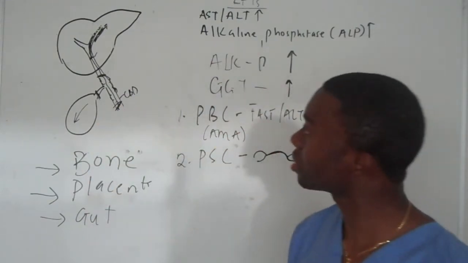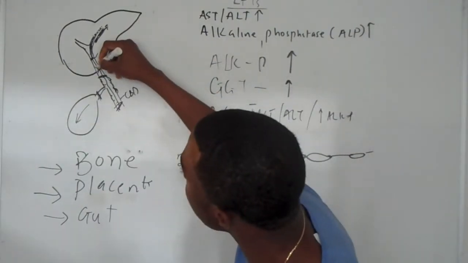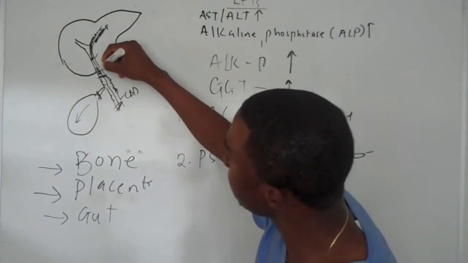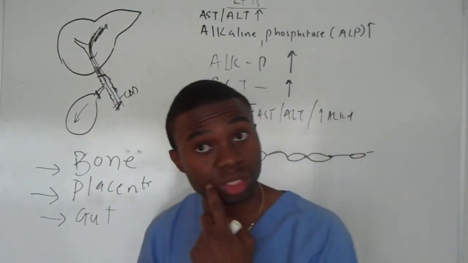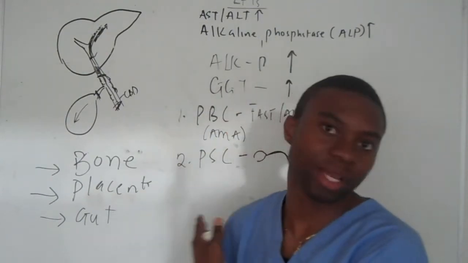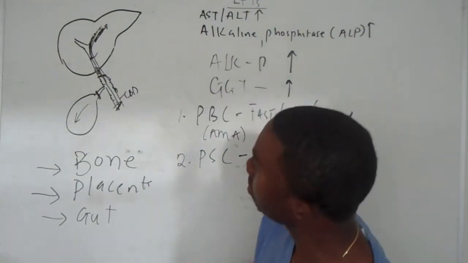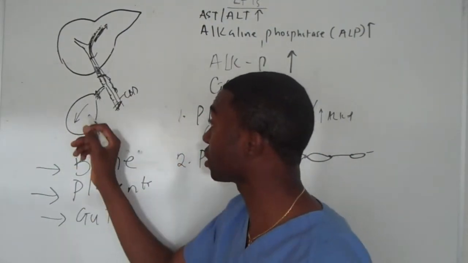Good. What else? How about if I get a stone and the stone lodges there and blocks that? Causes an obstruction. That's called cholestasis. You're going to get the same thing. What else? Maybe if the stone gets lodged in the cystic duct, right?